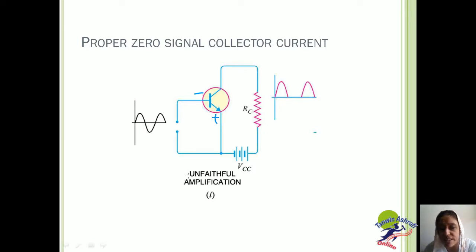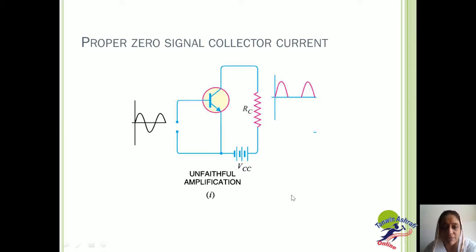Hence, no current will flow in the circuit as the base emitter junction is reverse biased. The result is that there is no output due to the negative half cycle of the signal, as you can see here. Thus, we get an amplified output signal with its negative half cycle completely cut off, which is unfaithful amplification.